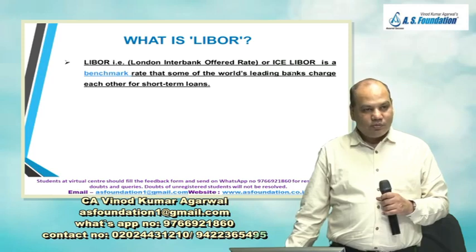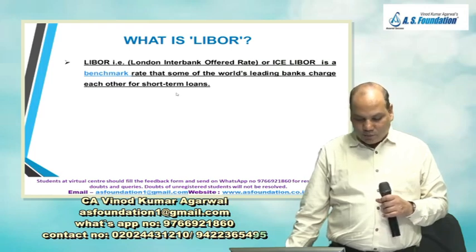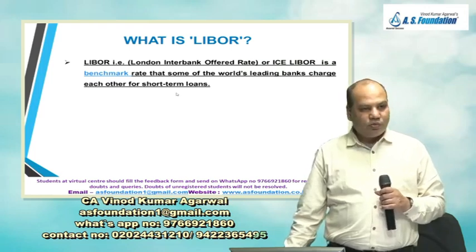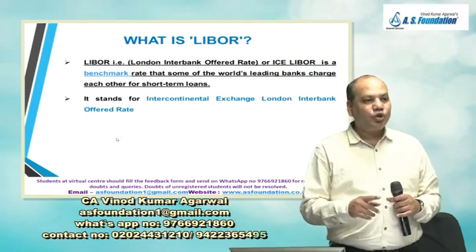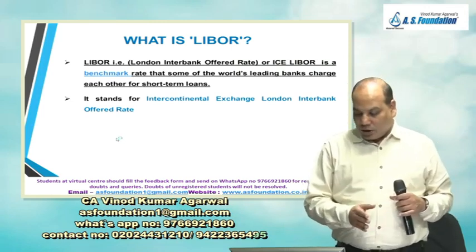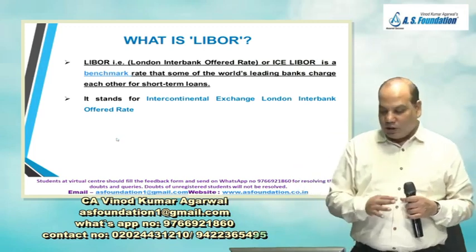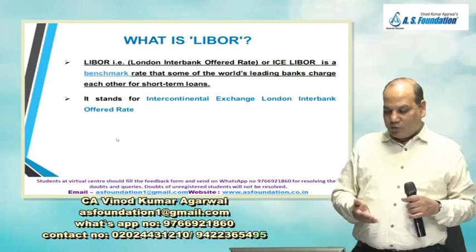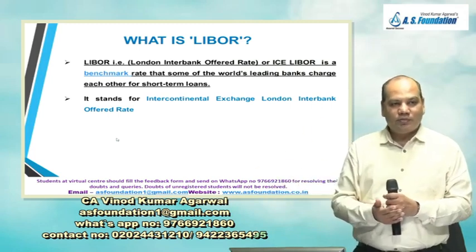I will tell you what is ICE LIBOR. It is a benchmark rate that some of the world's leading banks charge each other for short-term loans. So LIBOR is an international benchmark rate for short-term borrowing and lending, and one bank charges it to another bank. Interbank. Okay, so this forms a benchmark for other interest rates in the market.